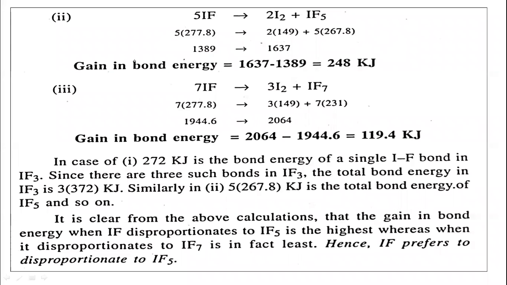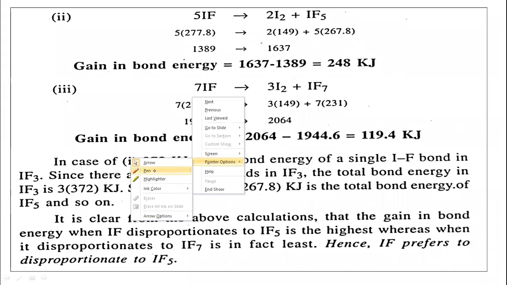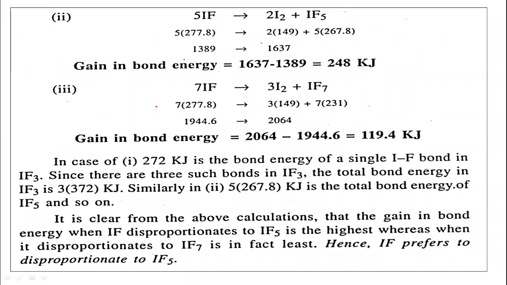Okay, so conversion of IF to IF5 has already been explained by us. Then conversion of IF to IF7. So you can see this disproportionation reaction, whether it is possible or not possible. You can see here 7 iodine fluoride molecules converted to IF7.